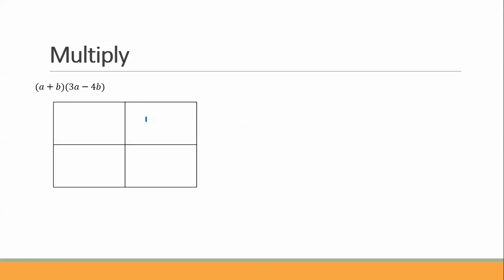Another example, we have A and B, 3A and negative 4B. A times 3A is 3A squared. B times 3A is 3AB.